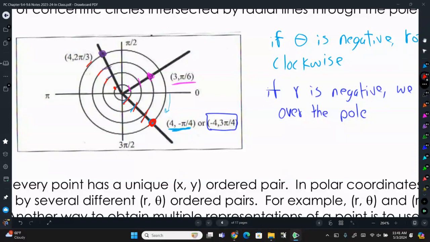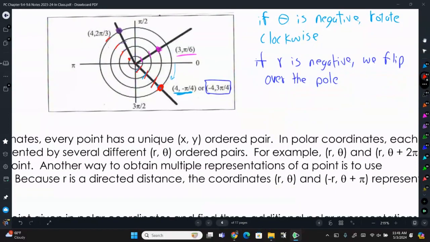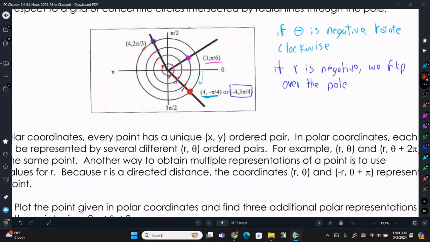So we can extrapolate that and say, well, theoretically, you could have more than one point represent the same coordinate. You could have actually an infinite amount, because remember, you can keep going around the circle. But even if we keep our angle between negative 2 pi and positive 2 pi, we can have 4 different representations of that same point.